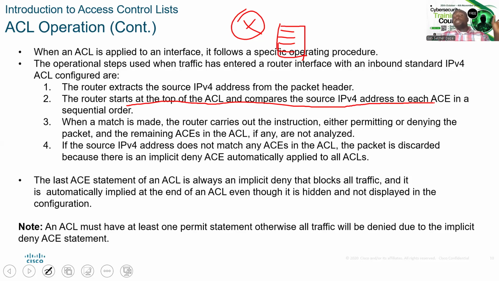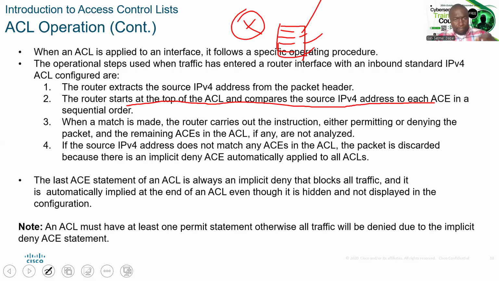If you say the IP address is coming from natural science, then this list is applied to it. What it does is that it checks from the top. It checks number 1 first, then number 2, number 3, and then number 4. So it does a top-bottom approach.